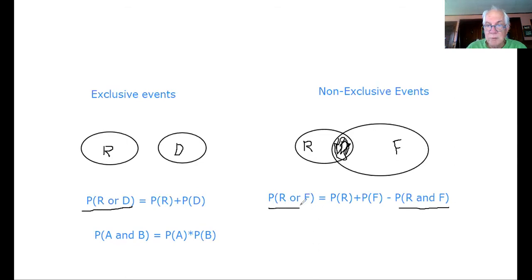This is an AND probability, which means that it fits both criteria. Now, the probability of a Republican and Democrat has to be 0, because you can't have both things at the same time. There's no overlap in this process.